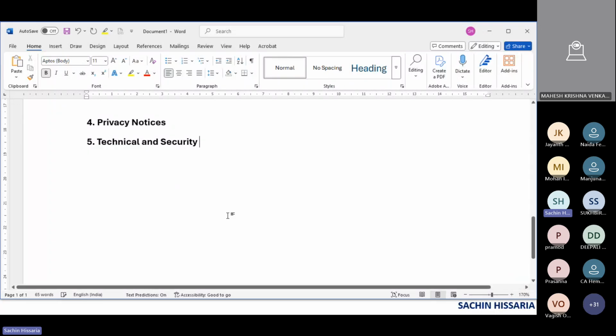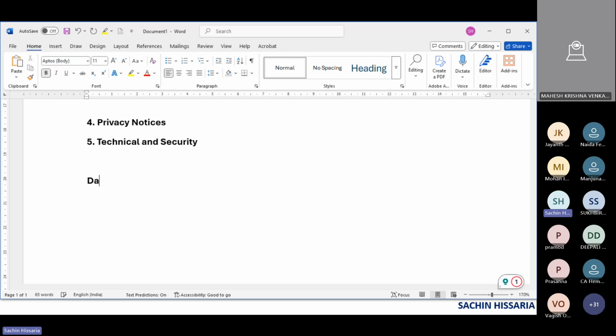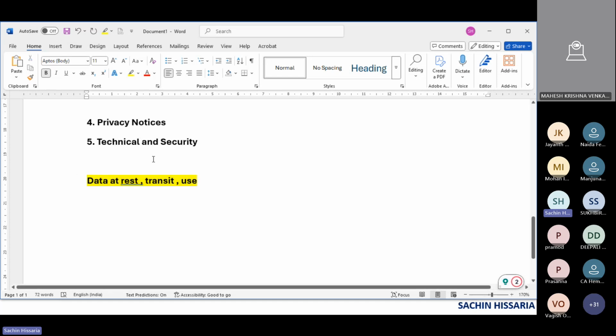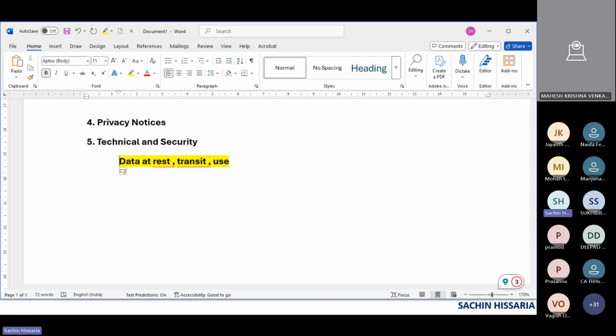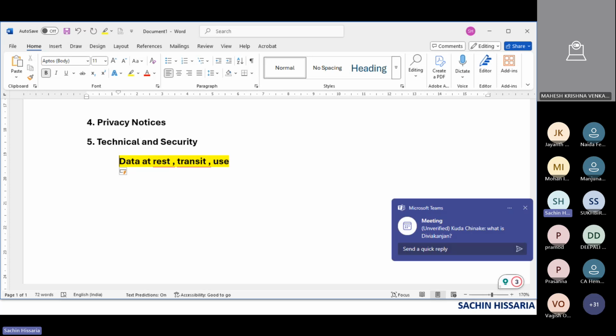Whatever stages are there, for example data at rest, data in transit, or data in use, in all of these three stages, the company needs to ensure that they have implemented appropriate security controls to protect the data.